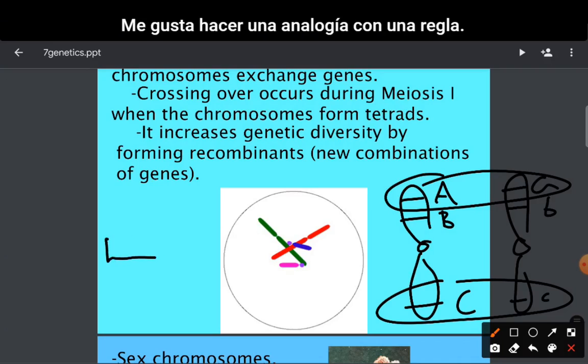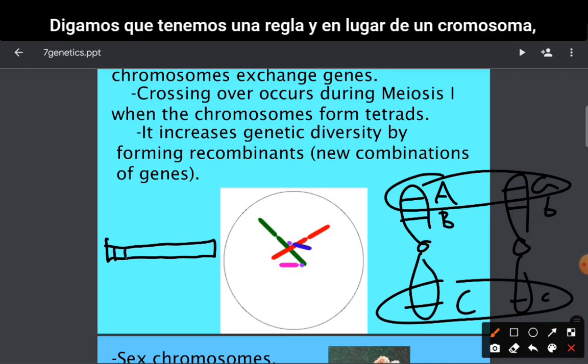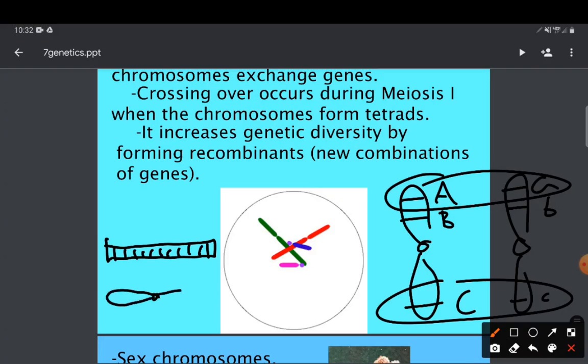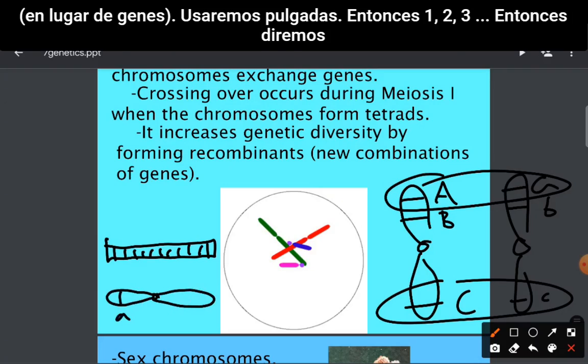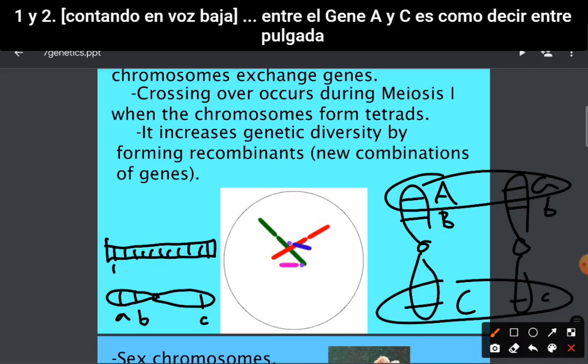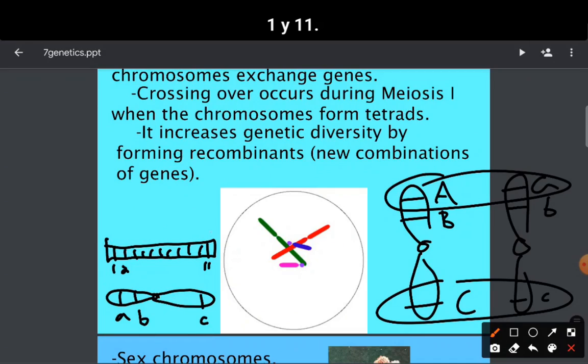I like to make an analogy of a ruler. Let's say we have a ruler, and instead of a chromosome, and instead of genes, we'll use inches. So 1, 2, 3, 4, 5, 6, 7, 8, 9, 10, 11. Between gene A and C is like saying between inch 1 and 11.